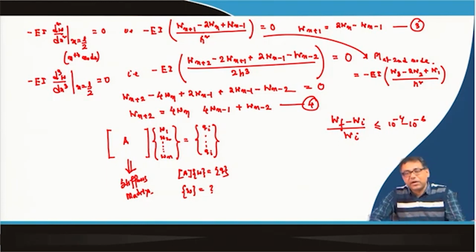If it is a semi-infinite beam, you can apply 2 boundary conditions at the end, and if it is infinite, at infinity your deformation will be 0. So, you take a length that is very large, where the deformation will be 0, and definitely your slope will also be 0 in infinite conditions.